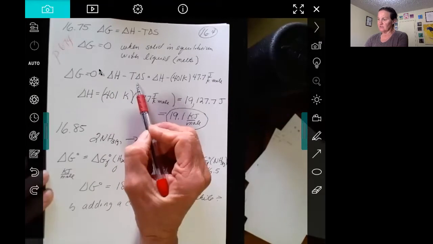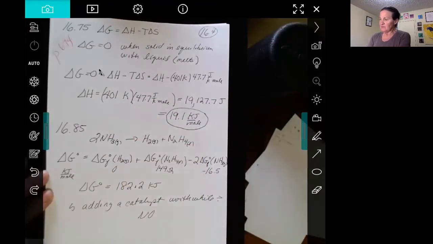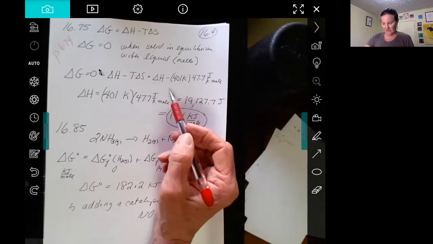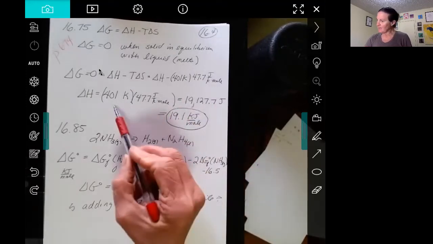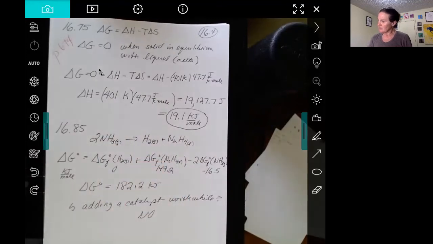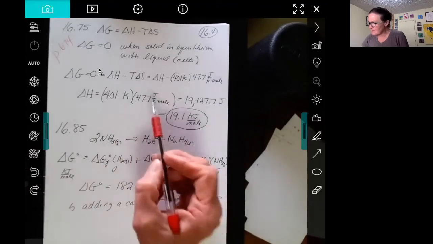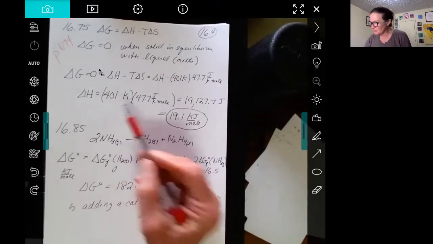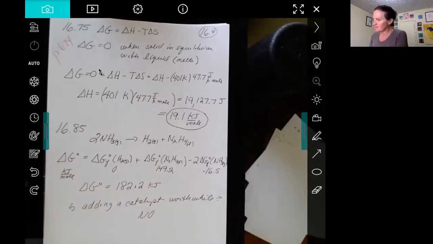So when delta G equals 0, delta H has to equal T delta S. We just rearrange this equation, which means if we know we have the enthalpy of fusion, oh, this is the entropy of fusion. This is the temperature. So it gave us 128. Should do these the same day that I worked them out because I did these yesterday.